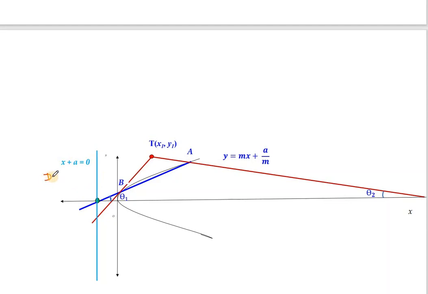We have to show that the point of intersection is this one, which is a point on the axis as well as on the directrix. So this point is exactly (-a, 0). We have to establish that the chord of contact passes through this point.